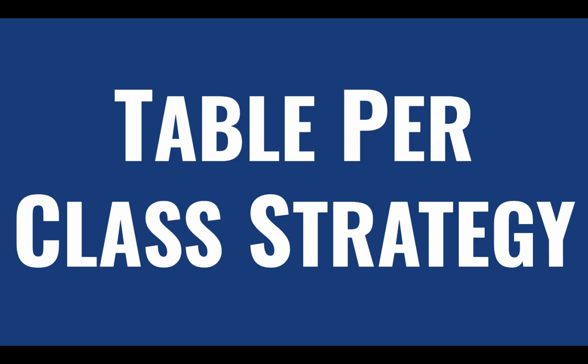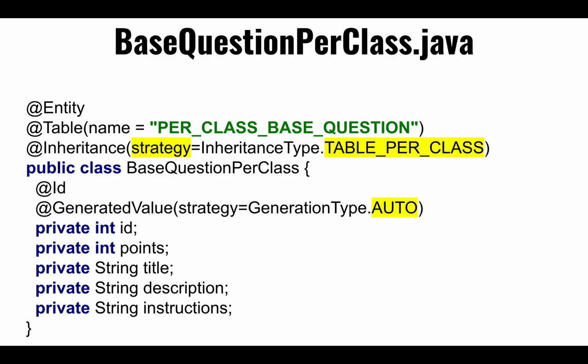The last one, the other strategy, is called the table per class strategy. This one is kind of like an in between of these two strategies, right? It tries to have the best of both worlds.